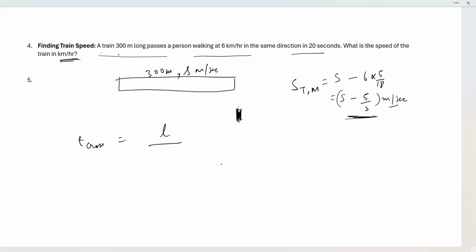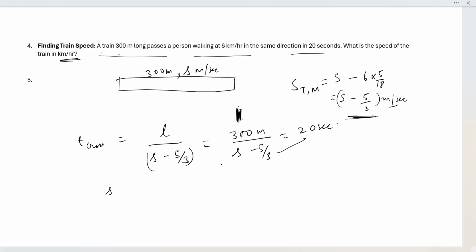So L by S minus 5 by 3 is the relative speed at which the train is traveling. So L is 300 meter and S, so we have to find out, minus 5 by 3. And this time is given to us. This is 20 seconds.